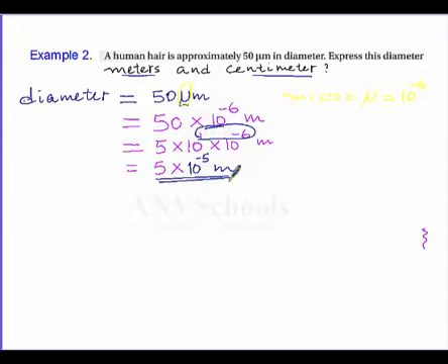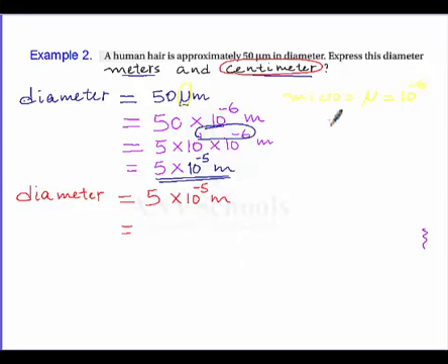The second answer is to find the diameter in terms of centimeter. We want to convert this to centimeter. The diameter is already given here, 5 times 10 to the power of negative 5 meter, but we have to express it in terms of centimeter. So here we have to use the rule of exponents.